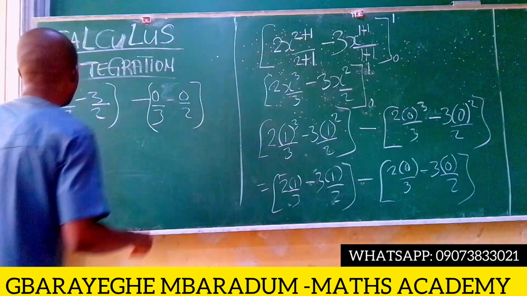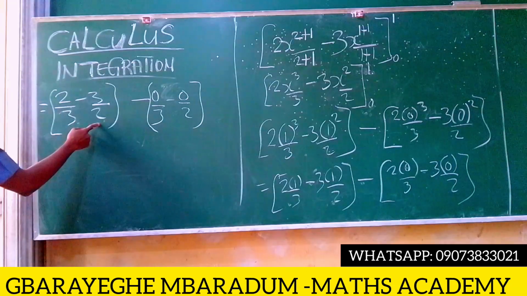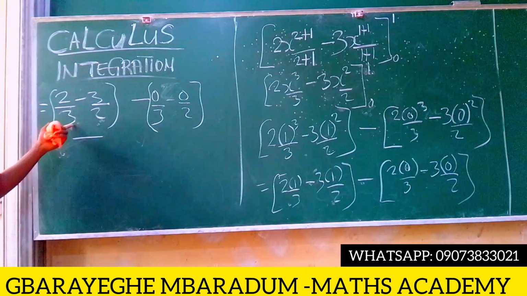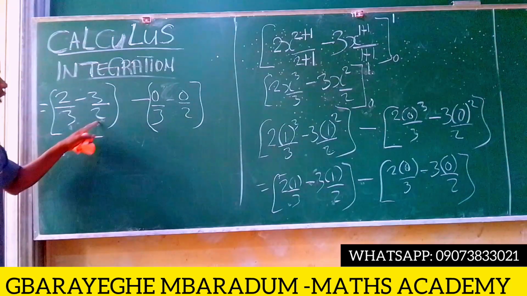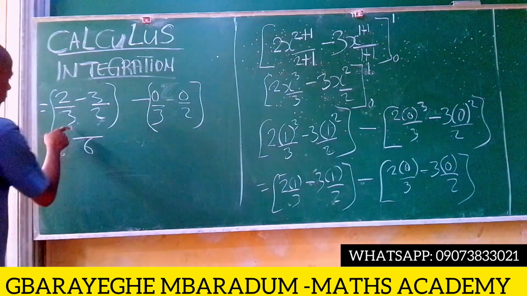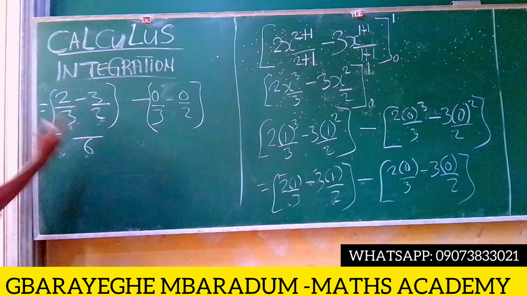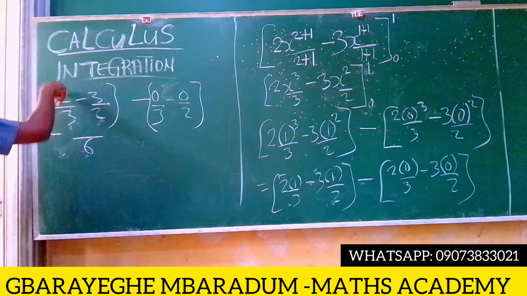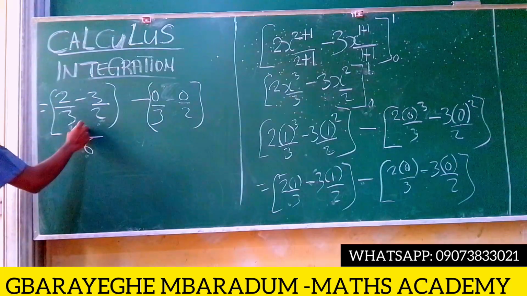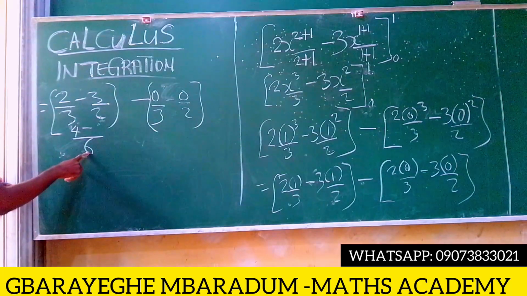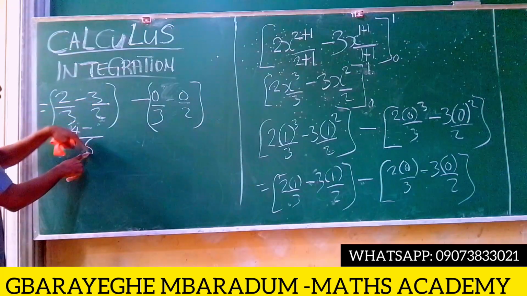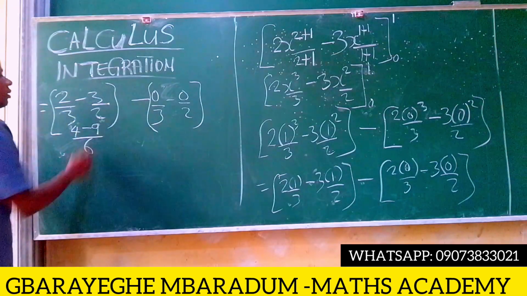Now, at this point in time, let's look at the LCM. The LCM of 3 and 2 is 6. Know that 3 can go into 6 and 2 can also go into 6, right? So we take 6 here as their LCM. Now 3 going into 6 how many times? 2 times, right? Now 2 times the 2 on top of the 3 gives us 4. Minus, 2 going into 6 how many times? 3 times, right? 3 times the 3 on top of the 2, which goes into the 6, gives us 9.